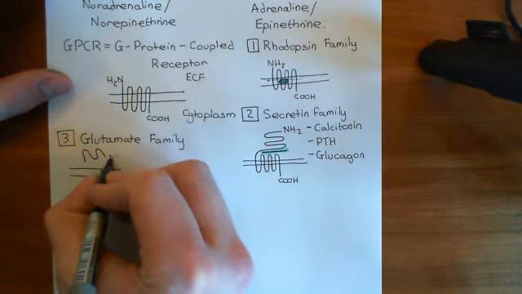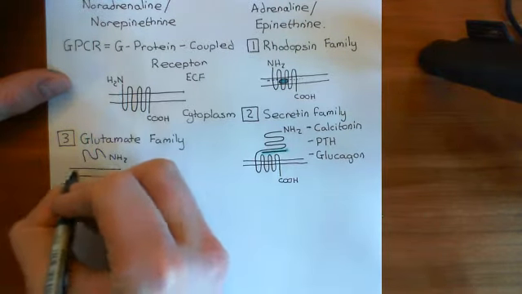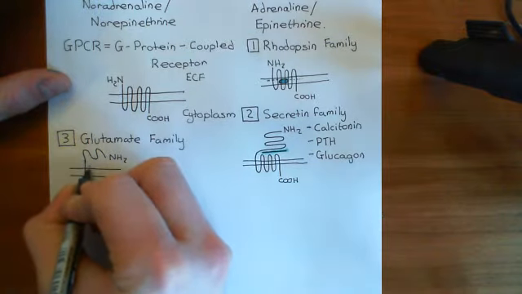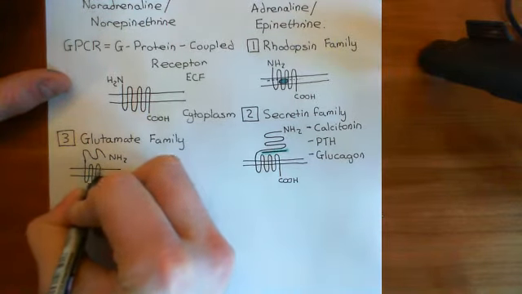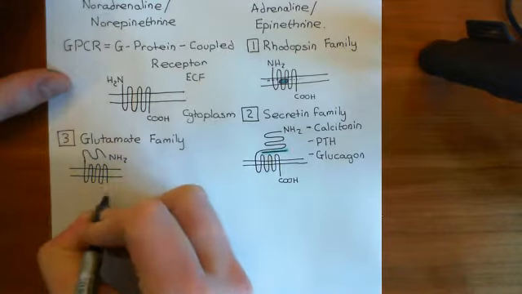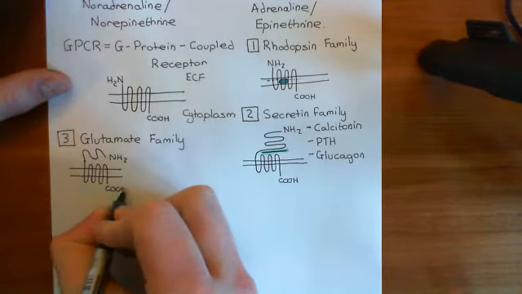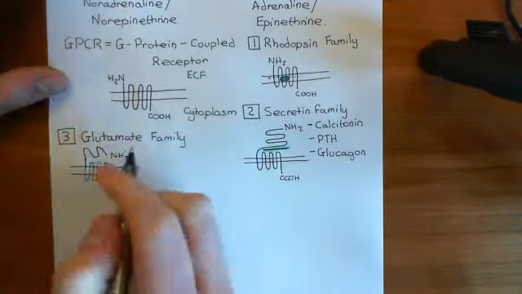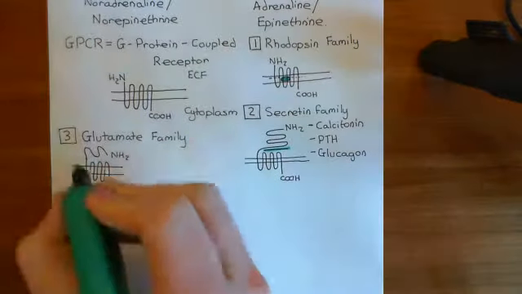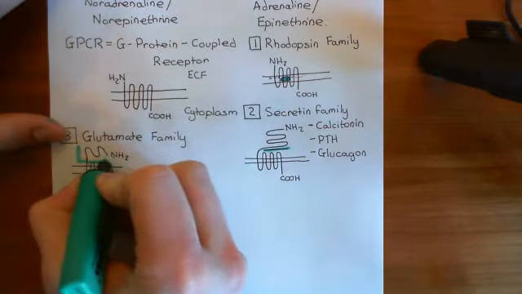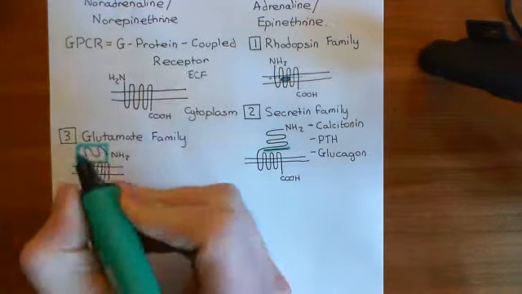So they have this sort of domain here, and then they have the 7 membrane spanning alpha helices, like so, and then here's their carboxylic acid terminus down here. This is the fancy domain that the glutamate receptor family G protein coupled receptors all have, that I'm now highlighting in turquoise.